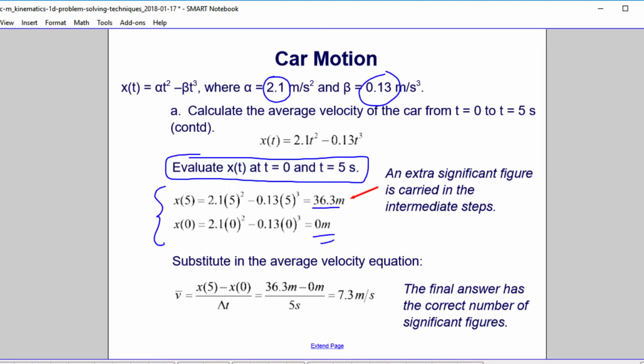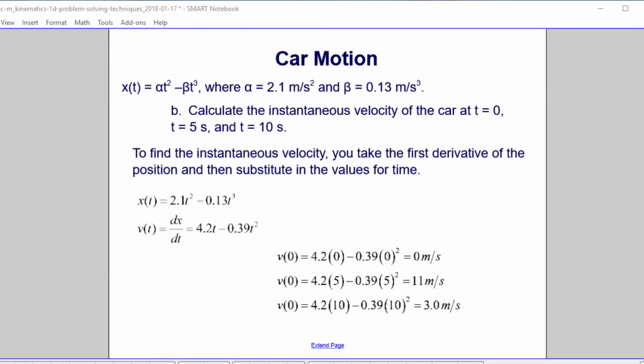But since we have an intermediate step here, we'll carry an extra significant figure. We now substitute those 2 values into the average velocity equation. X of 5 minus x of 0 divided by the time, and we get 7.3 meters per second, and note that the final answer has the correct number of significant figures.